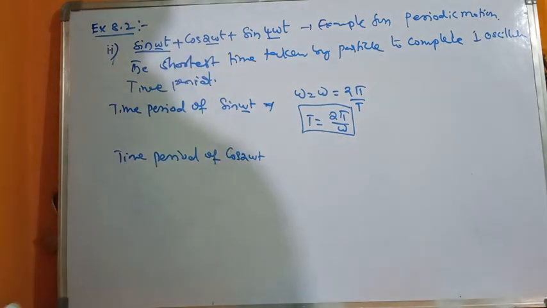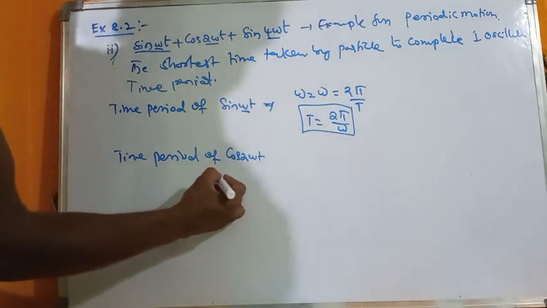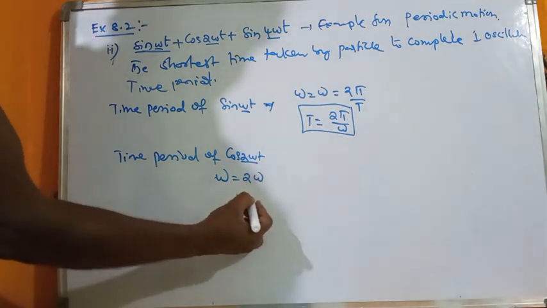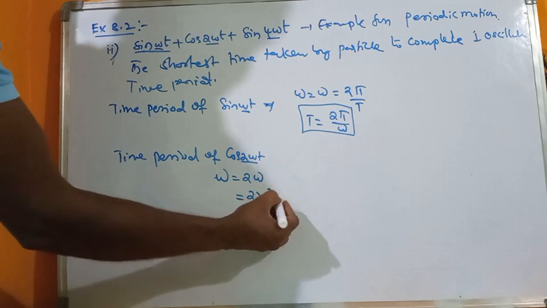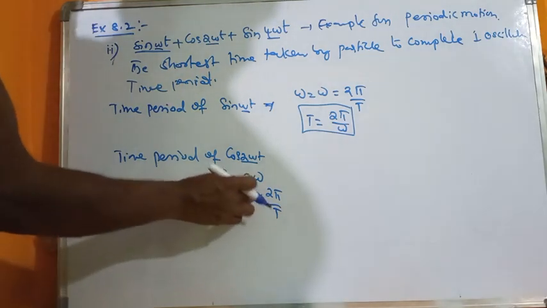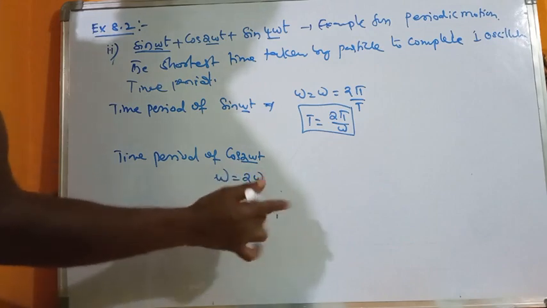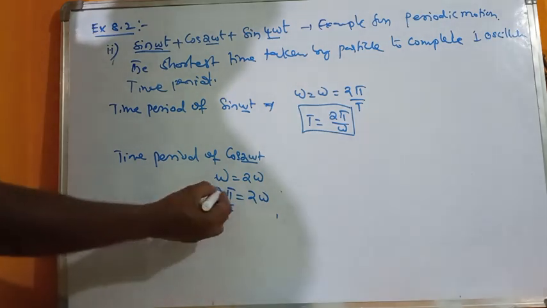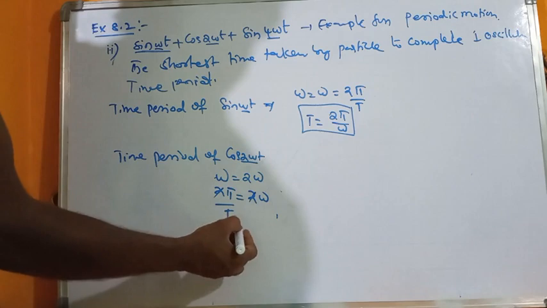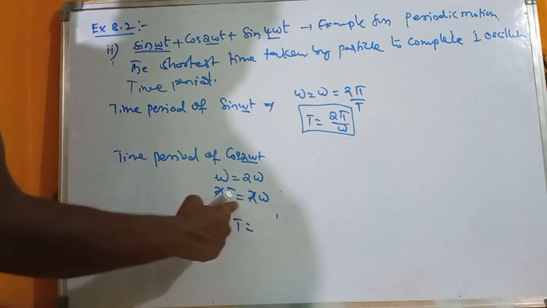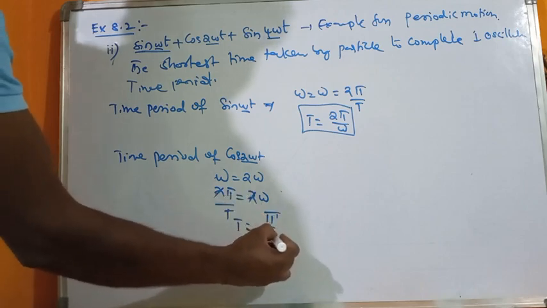Here in place of omega we have 2 omega, and this is equal to 2 pi by capital T. So the 2 cancels, and capital T is equal to pi by omega.